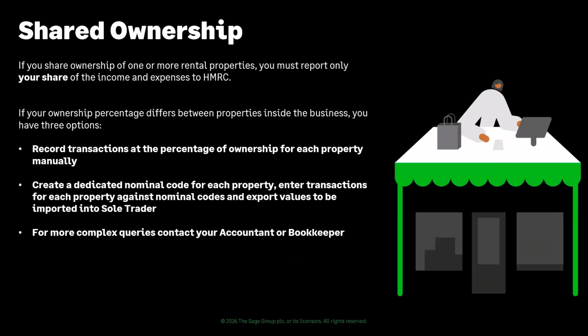You can create a dedicated nominal code in 50 accounts for each property, enter transactions for each property against this nominal code, and export the values to be imported into Sole Trader. So it's a bit like an opening balance for submission purposes. For more complex queries, we recommend that you contact your accountant or bookkeeper. They may have other solutions.